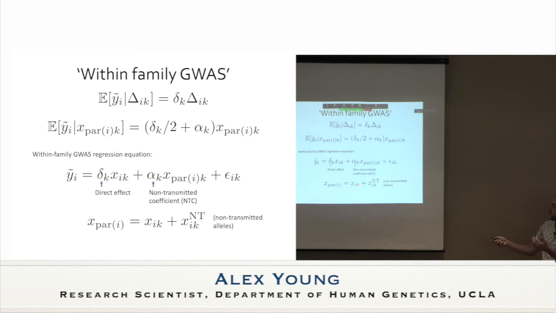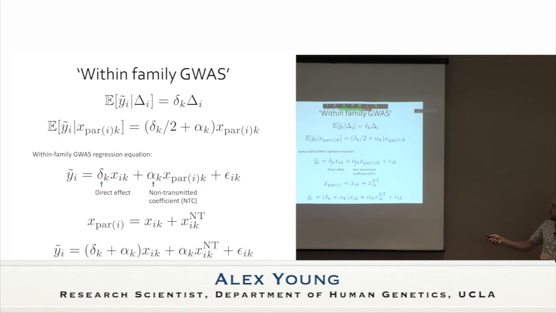So we can write the parental genotype as the sum of the alleles transmitted and the alleles not transmitted to the offspring. And then that allows us to rewrite this equation in terms of the non-transmitted parental alleles, and this alpha is the coefficient on the non-transmitted parental alleles, and that can be used in some sense as a control to estimate the direct effect of the SNP.